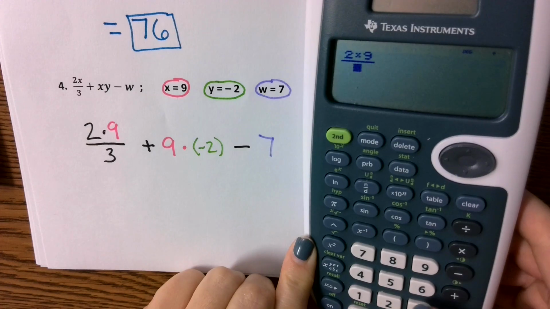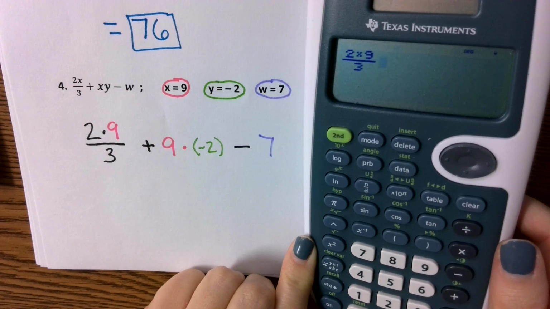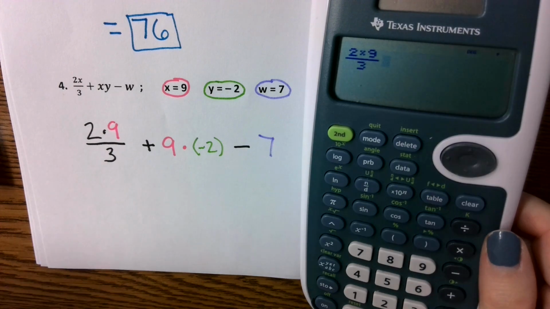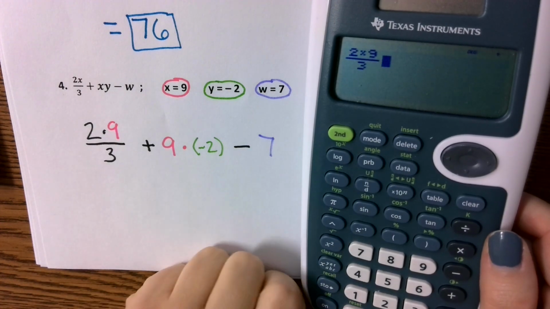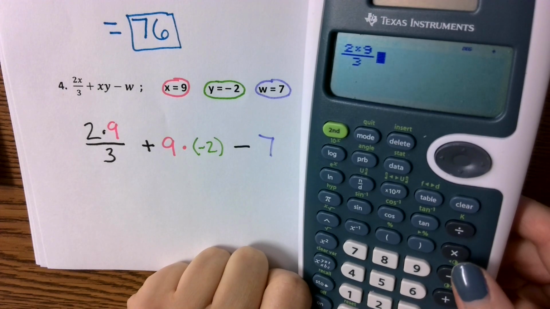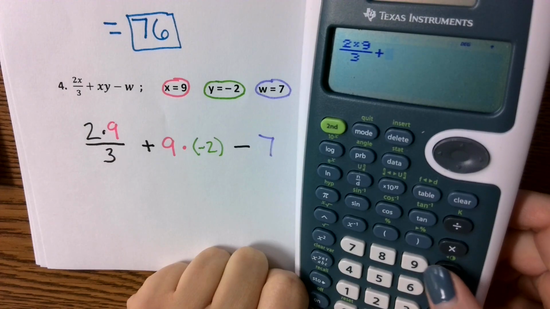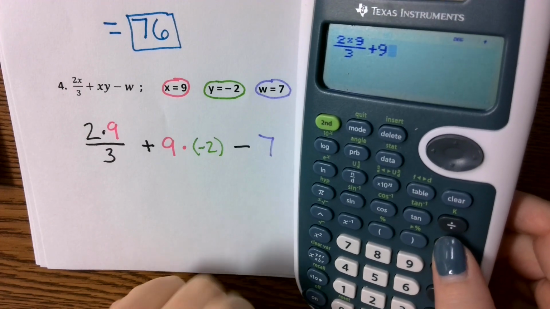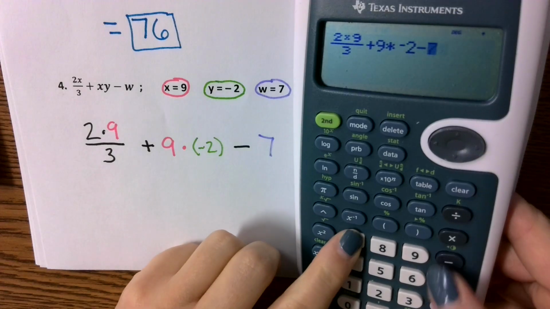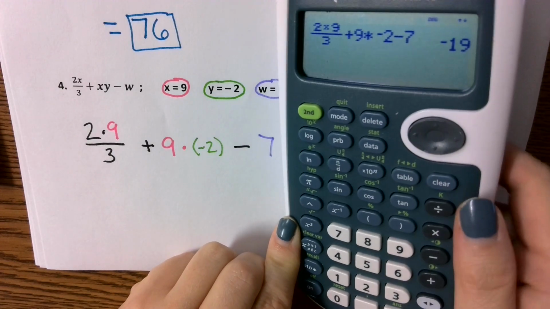The bottom of my fraction, I'm going to put a 3. And then I'm going to get out of my fraction. Okay, we're going to do plus 9 times negative 2. And then we're going to subtract a 7. When we put enter, it's going to be negative 19.